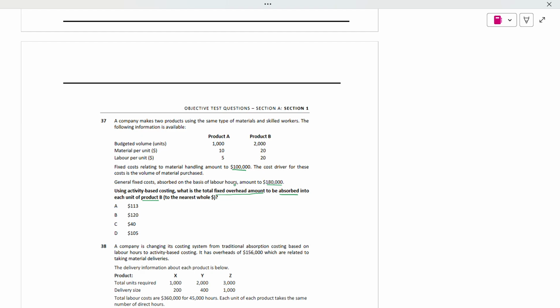Material. Only they, yes. Same type of materials can go.